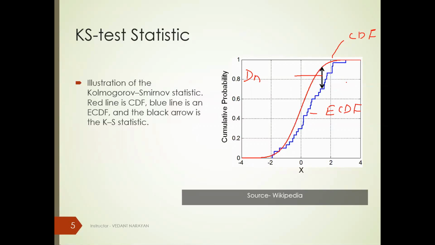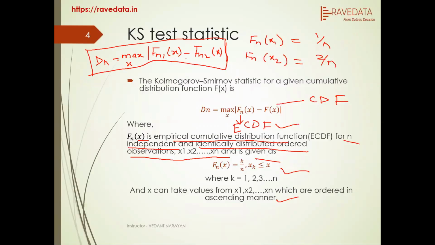So the Dn, the black arrow, is the KS test statistic for the one sample KS test. For the two sample KS test, the KS test statistic is the maximum difference between the ECDFs of the two sample distributions and is given as this value.